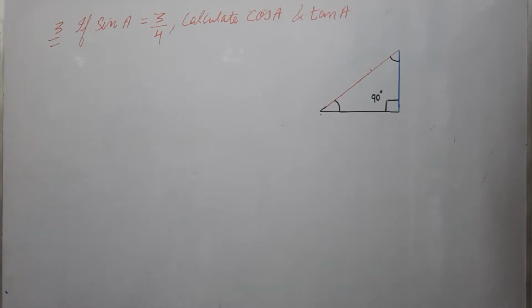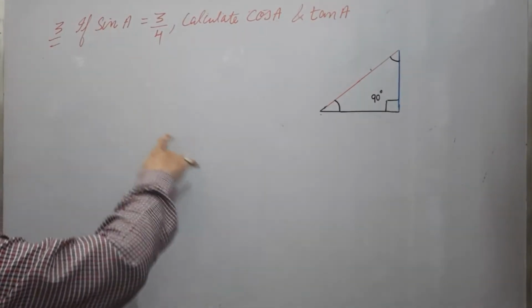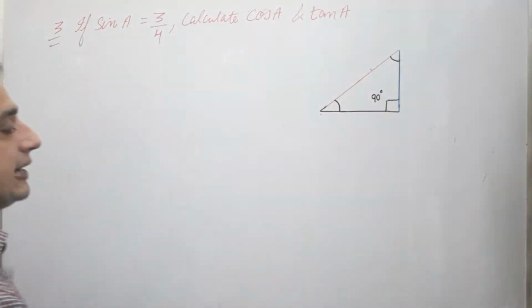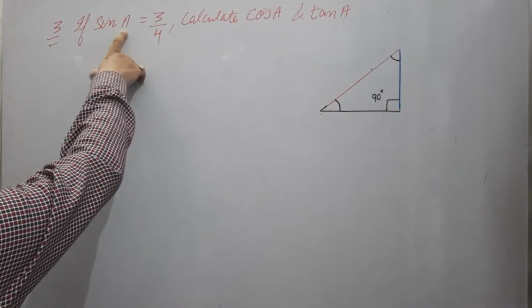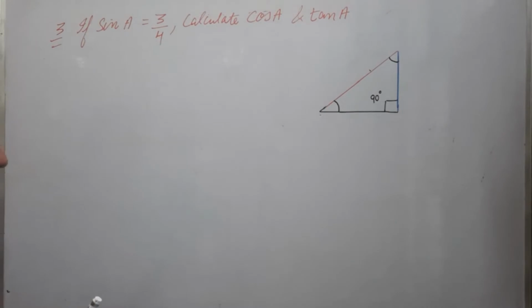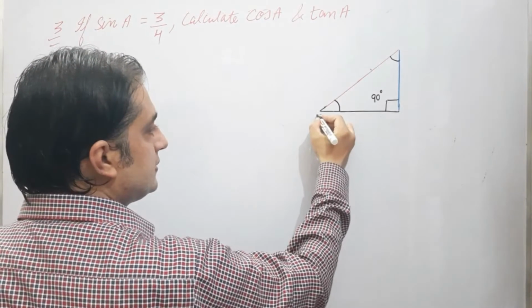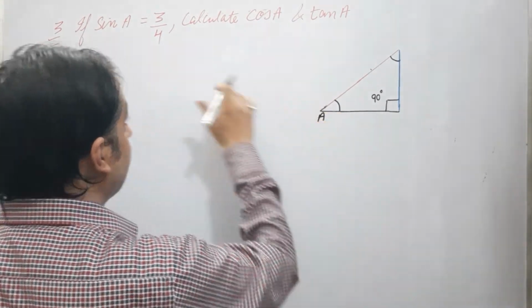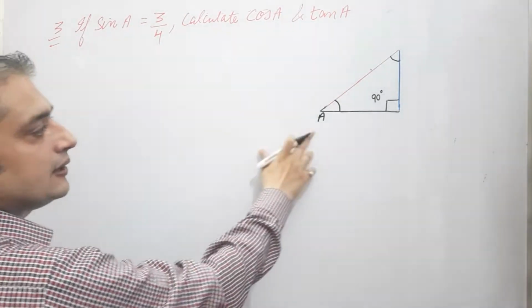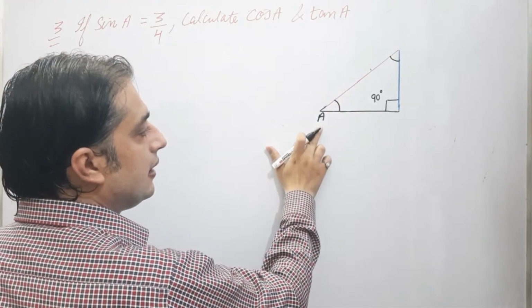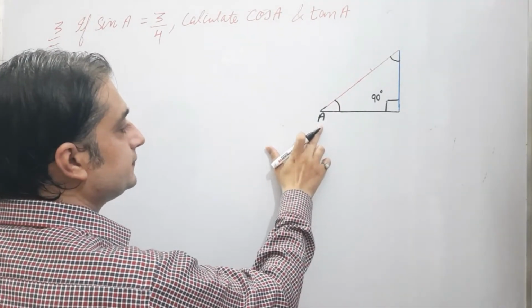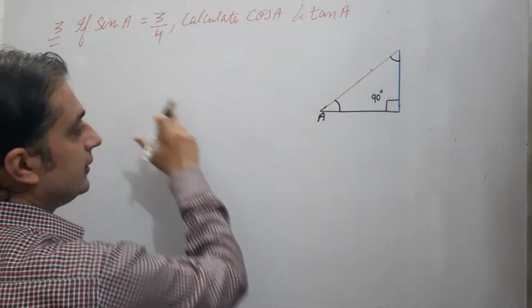very easily, right? So for this, again draw a right angle triangle and name it, and remember the angle A is your acute angle, your angle of reference. For this, the T ratio is given. Angle A, I'm writing A over here, that is my acute angle.